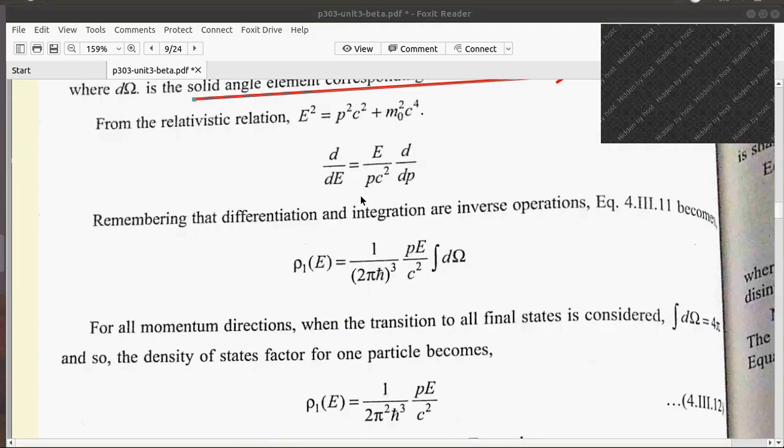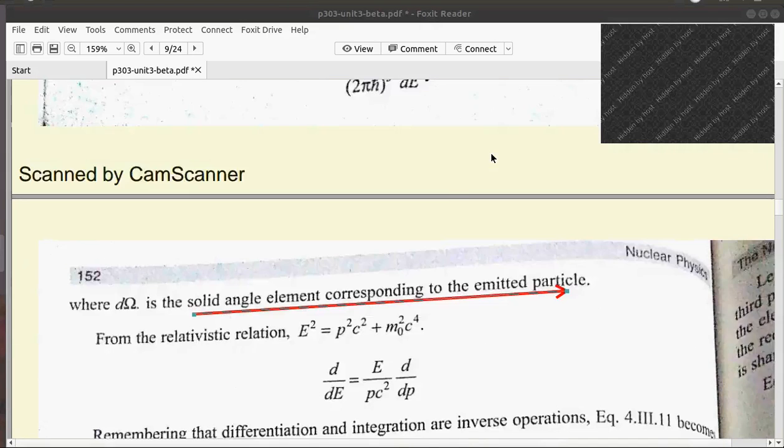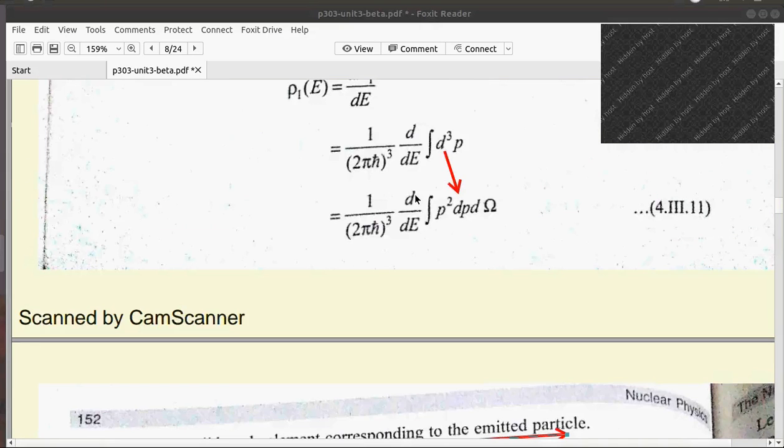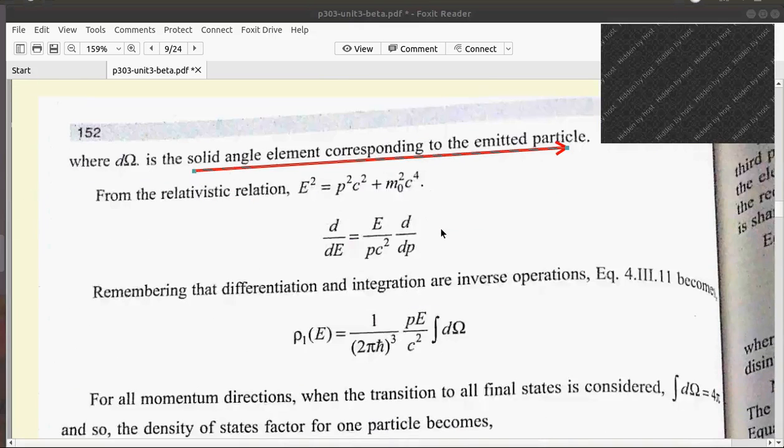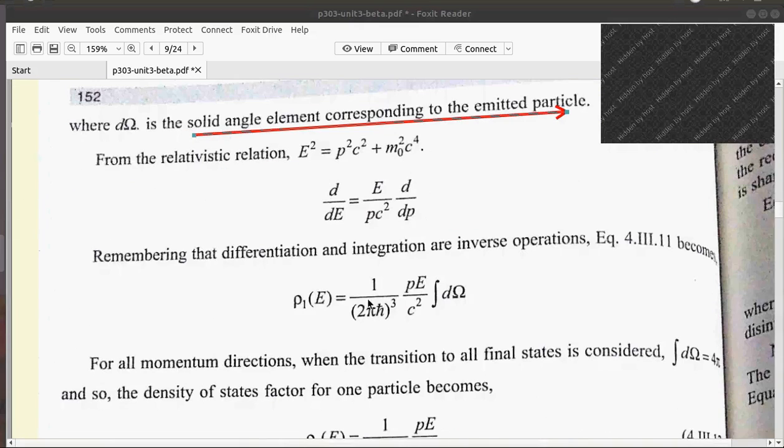We'll replace d by dE by E P C square d by dP. So when you replace it here, you will get the form 1 by 2 pi h cut whole cube.